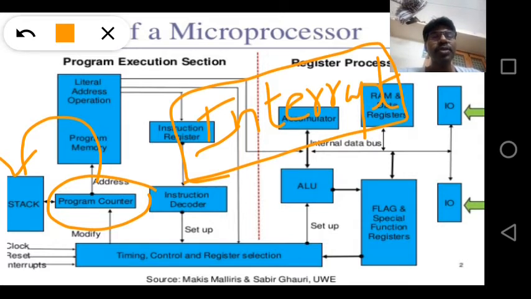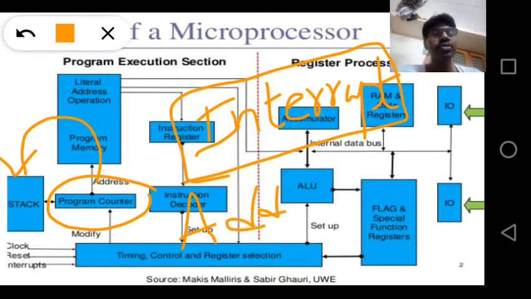The program counter interacts with the stack in this situation: the interrupt occurs, and after finishing the current instruction execution, the processor has to store the content of the program counter. Remember, the program counter contains the address of the next instruction.